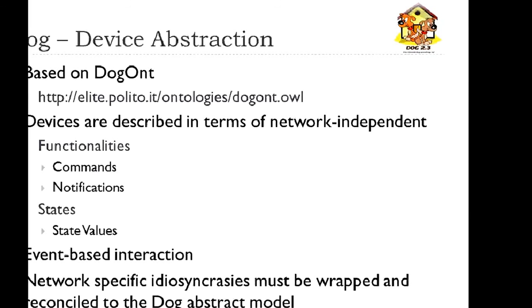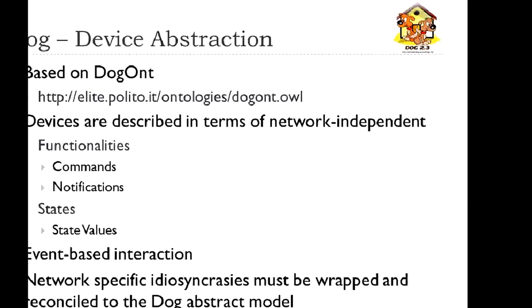This ontology basically describes devices using a state and functionality based representation. So a device is characterized by these functionalities, which are the commands it can receive, the notifications it can send back, and by the possible states it can assume.